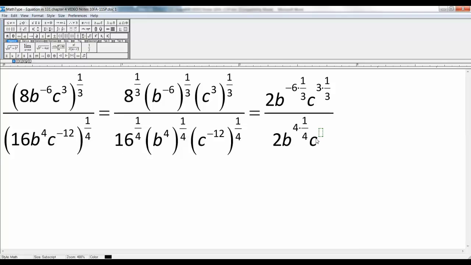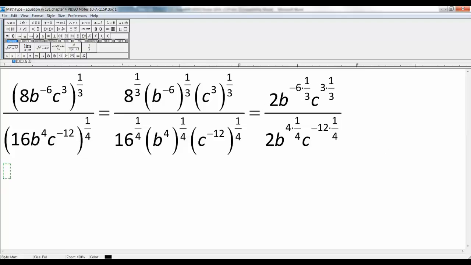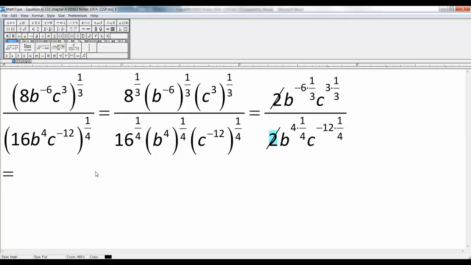All right, c to the negative 12 times 1/4. Oops, not to the, times the, oh my gosh, times 1/4. Okay, well, it looks pretty awful, but remember, 2 over 2 divides away, right? So you don't have any more numbers in this problem, other than the exponents, right?